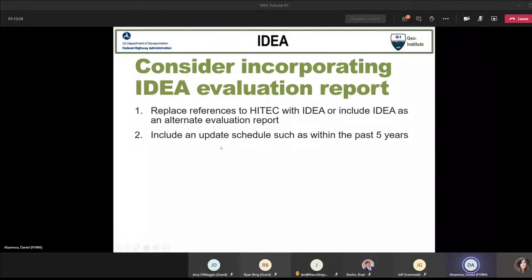And if somebody has, for instance, an old high-tech evaluation, and I think we covered this in our second webinar, and they haven't made any changes to their facing, reinforcements, design, connections, or anything like that, then an updated evaluation of that high-tech.